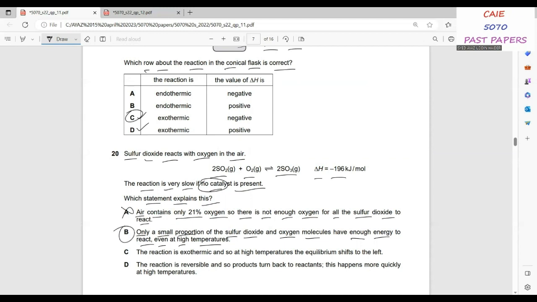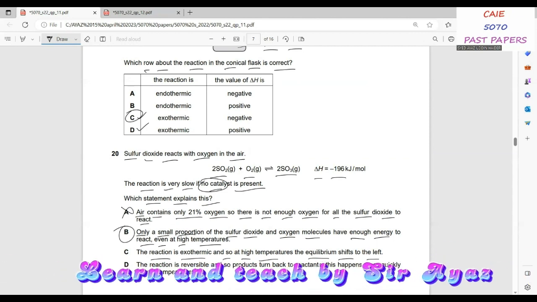For your convenience, I am reading the statement C and D also. C, the reaction is exothermic, and so at high temperature, the equilibrium shifts to the left side. They are talking about the shifting of the equilibrium. It has nothing to do with the absence or presence of catalyst. So C is wrong. D, the reaction is reversible, and so products turn back to reactants.